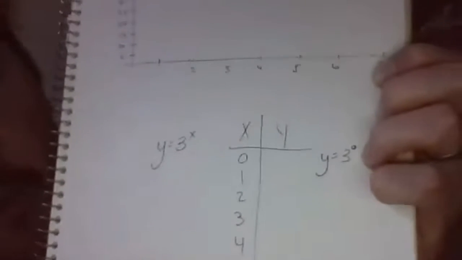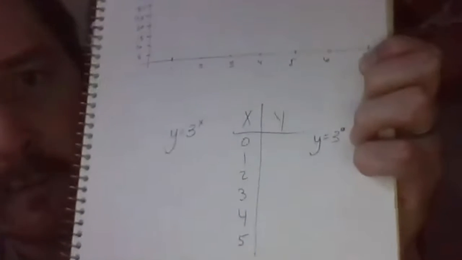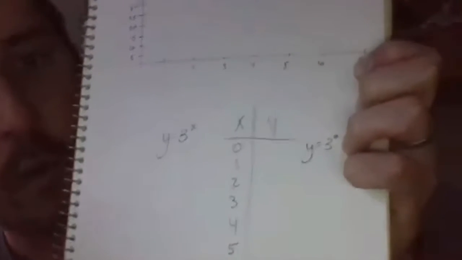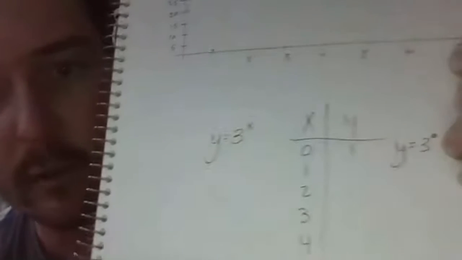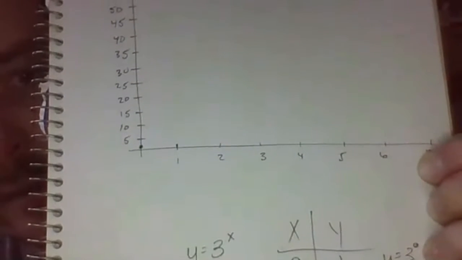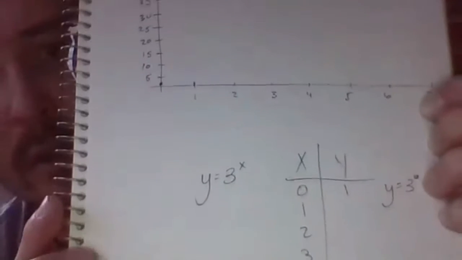Now remember what we did before. Is 3 to the power of 0 0? No, it's actually 1. Anything to the power of 0 is going to be 1. So at day 0, first day, one person was infected. I have a point right there. All right. One day then passes.